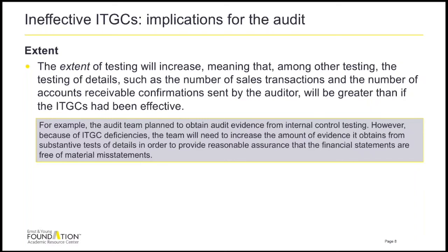So, for example, the audit team planned to obtain audit evidence from internal control testing. However, because of ITGC deficiencies, the team will need to increase the amount of evidence it obtains from substantive tests of details in order to provide reasonable assurance that financial statements are free from material misstatement.